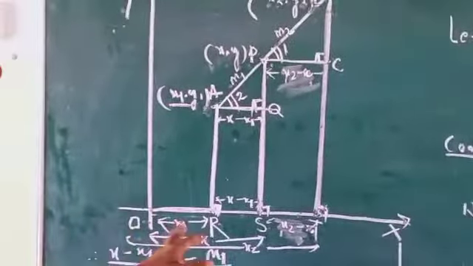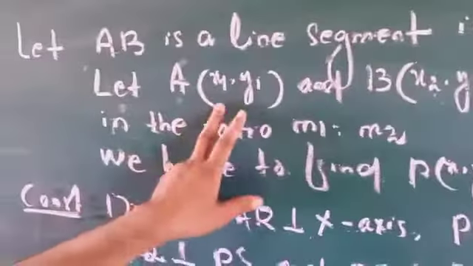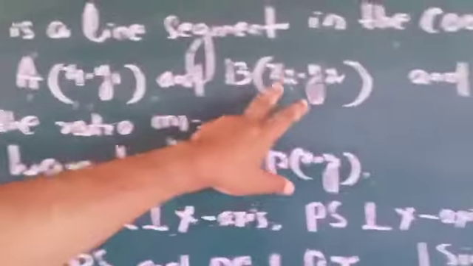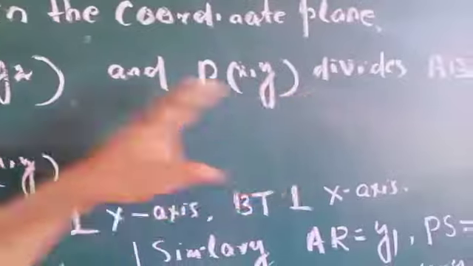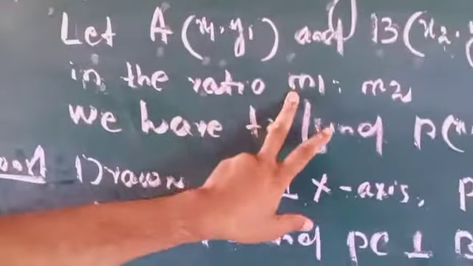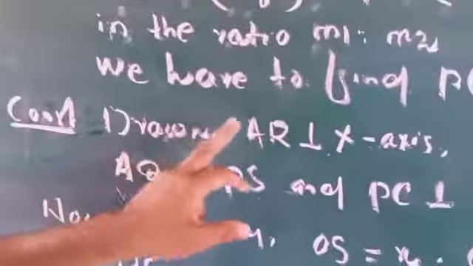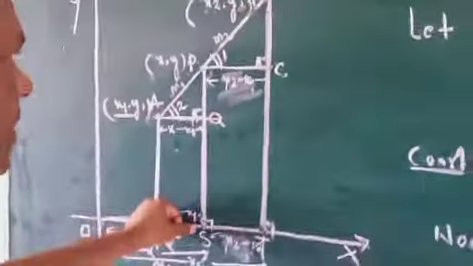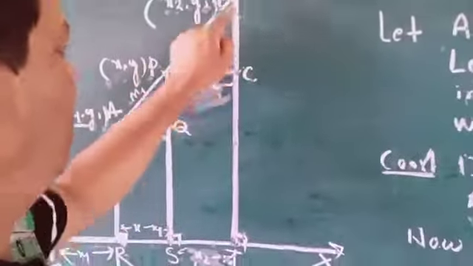Now, I have written here: let AB be a line segment in the coordinate plane, let A (x1, y1), B (x2, y2) and P (x, y) divide AB in the ratio m1 is to m2. Construction: draw AR perpendicular to the x-axis, PS perpendicular to the x-axis and BT perpendicular to the x-axis, and AQ perpendicular to PS, PC perpendicular to BT.